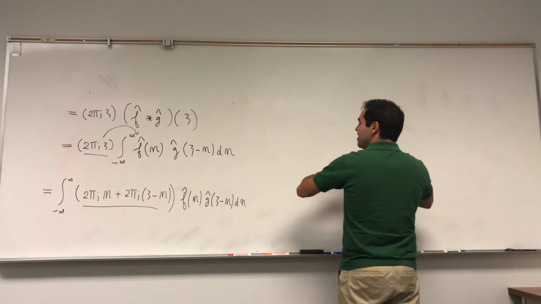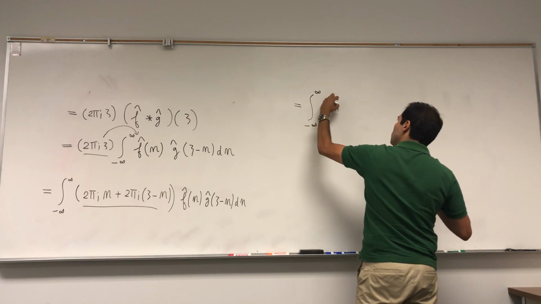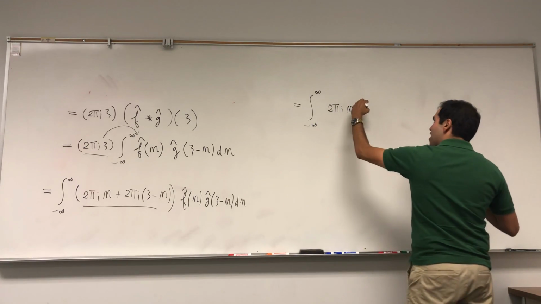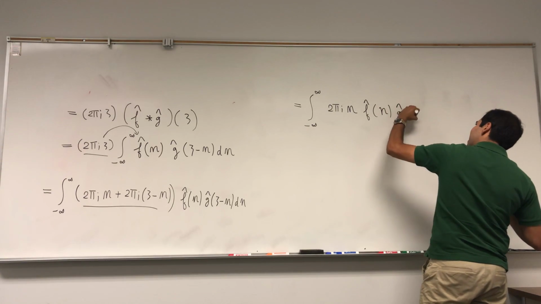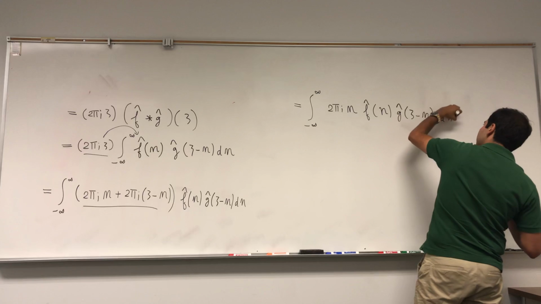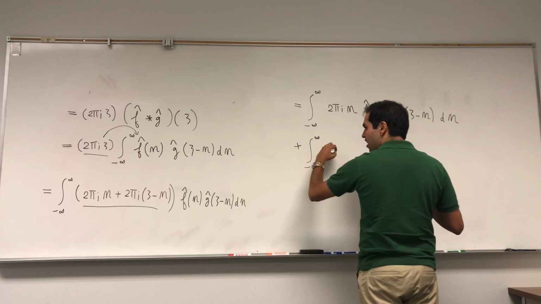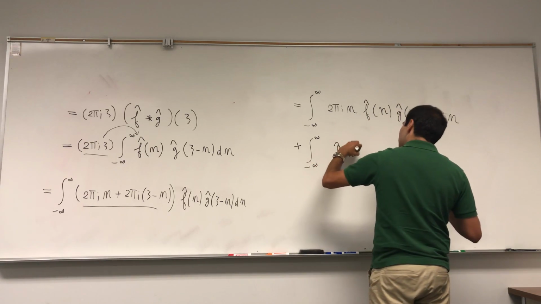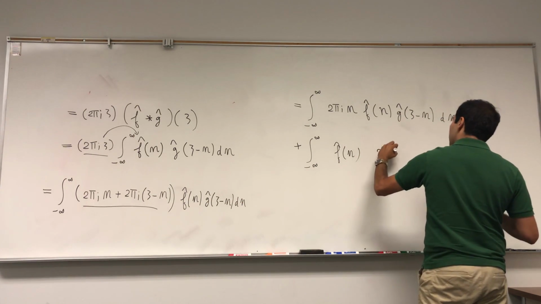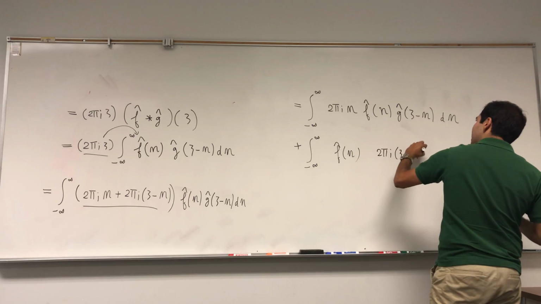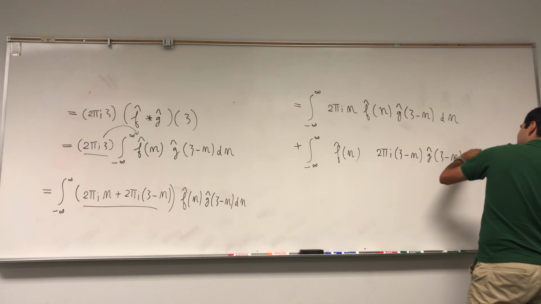And we get the integral from minus infinity to infinity of 2 pi i eta f hat of eta, g hat of xi minus eta, d eta, plus the integral from minus infinity to infinity of f hat of eta, and this term, let's put it with g hat, so 2 pi i (xi minus eta), g hat of xi minus eta, d eta.